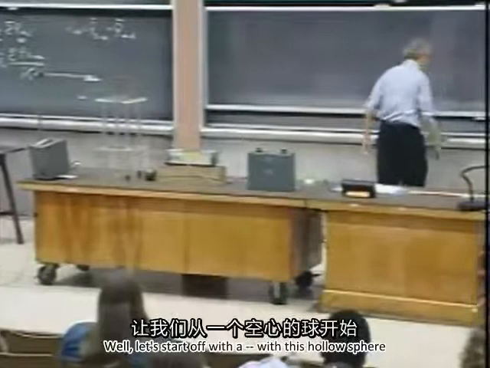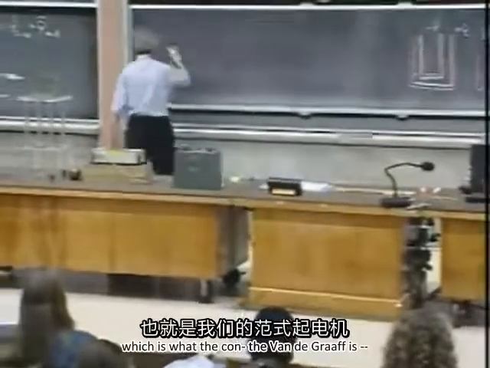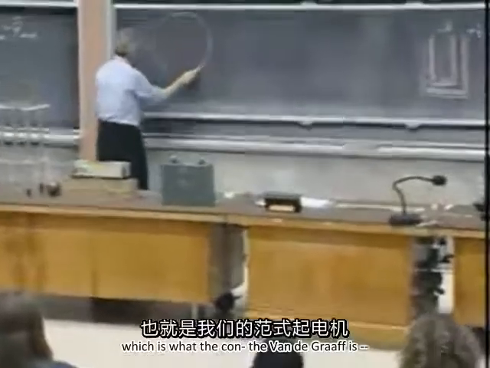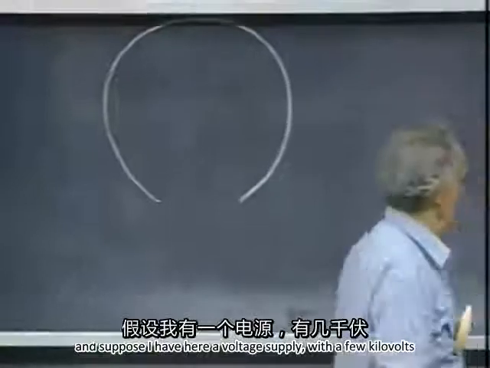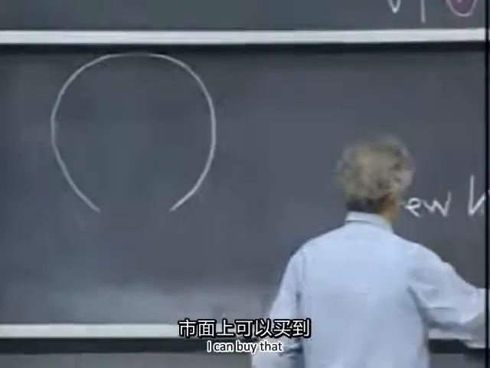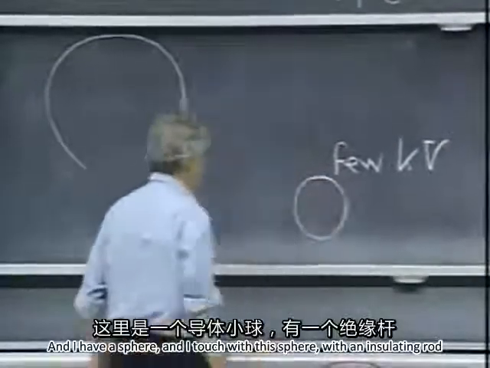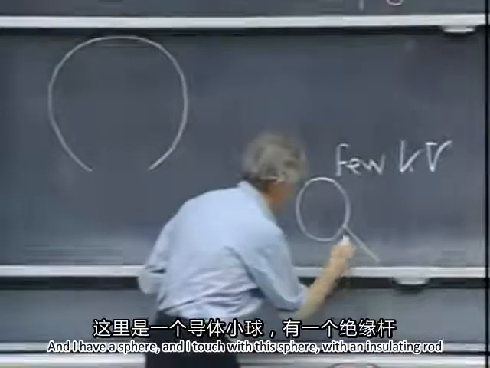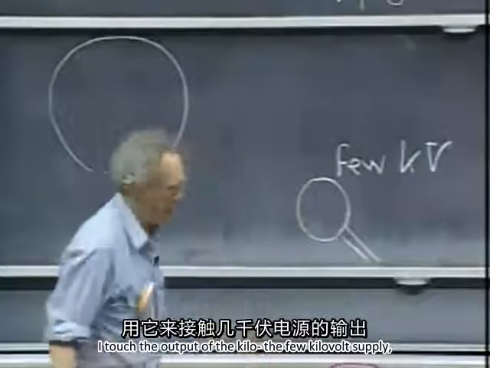Well, let's start off with this hollow sphere, which is what the Van de Graaff is. And suppose I have here a voltage supply with a few kilovolts. I can buy that. And I have a sphere, and I touch with this sphere, which is an insulating rod, I touch the output of the few kilovolt supply.